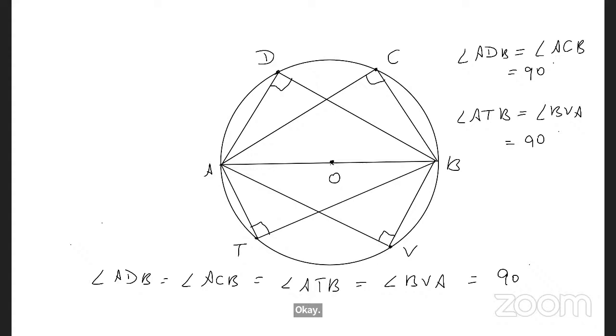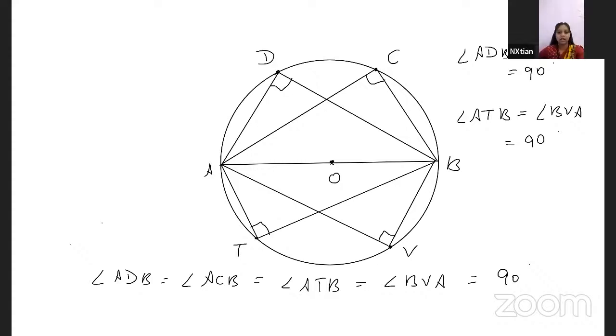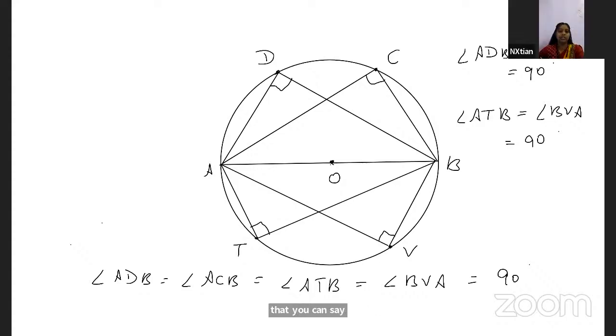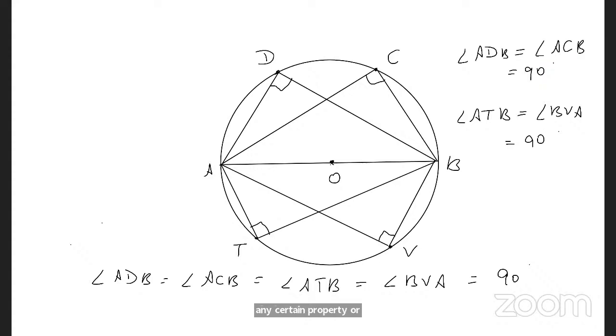What's the name of this property? It's not mentioned, but you can say the angles in a semicircle property, or that the angle in a semicircle is a right angle.